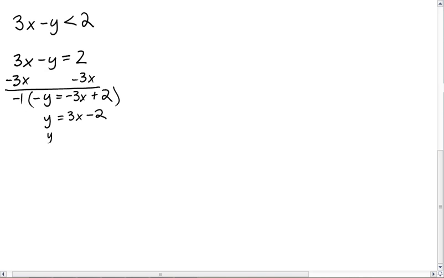Now I'm ready to graph it. y equals mx plus b. Okay, so on my graph, the first thing I want to put down is the y-intercept. The y-intercept in this case being negative 2. So we'll put that point down first. Okay, and then we'll use the slope. So I've got negative 2, that's my y-intercept.